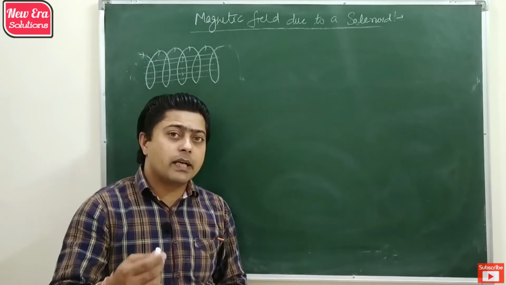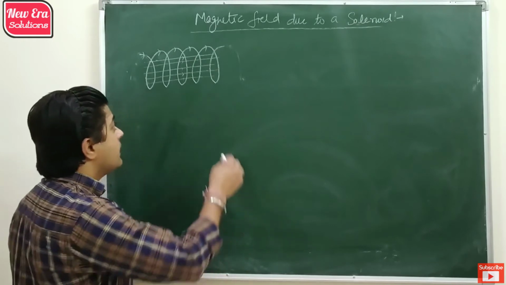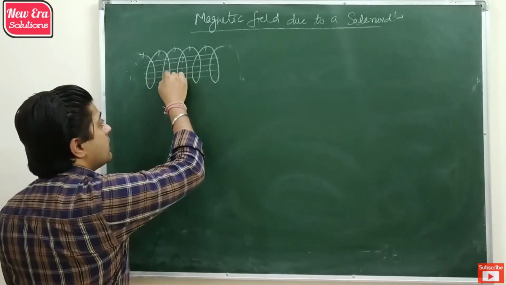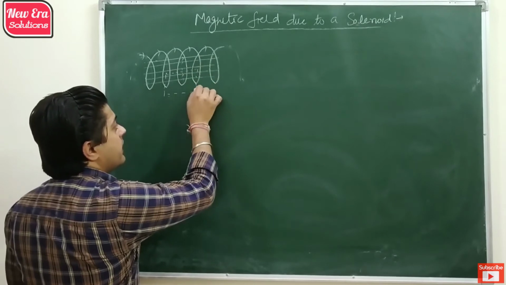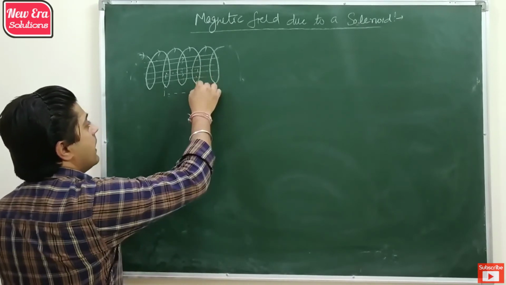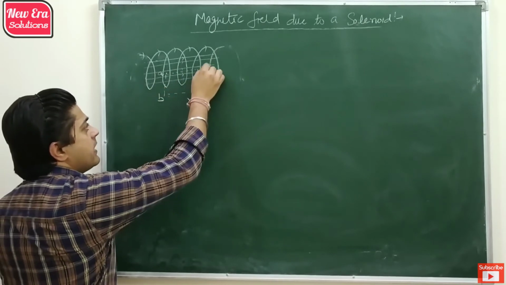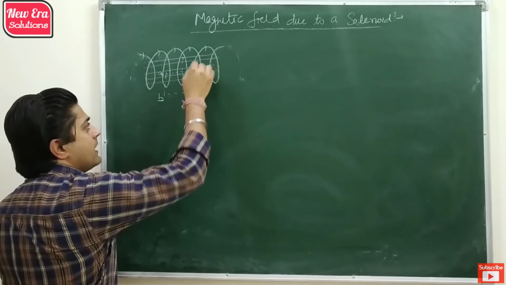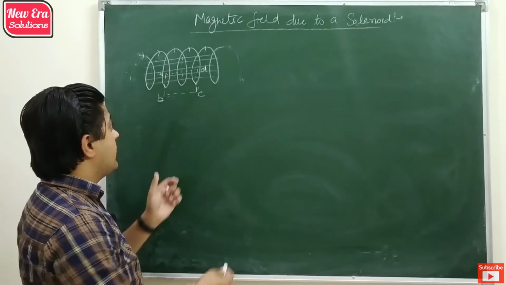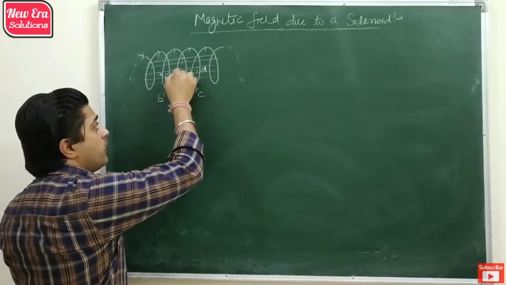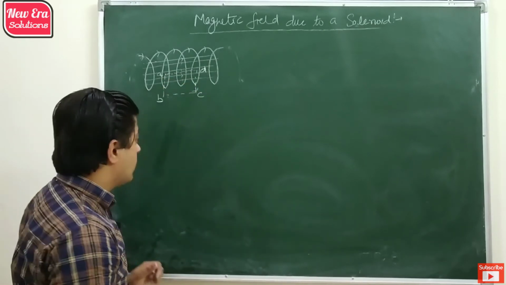So to find the magnetic field at an inside point of the solenoid, let's assume a rectangular Amperian loop and name this loop A, B, C, D. So I is the steady current flowing through each loop, and we made an Amperian loop A, B, C, D, for which we have to apply Ampere's law.